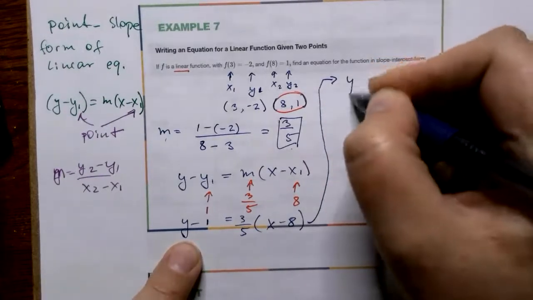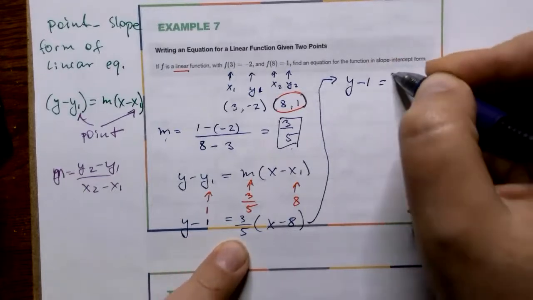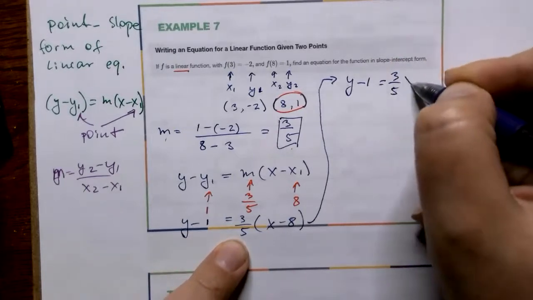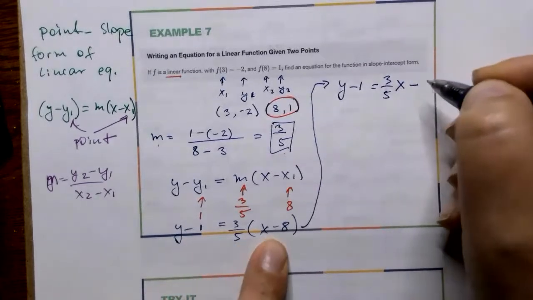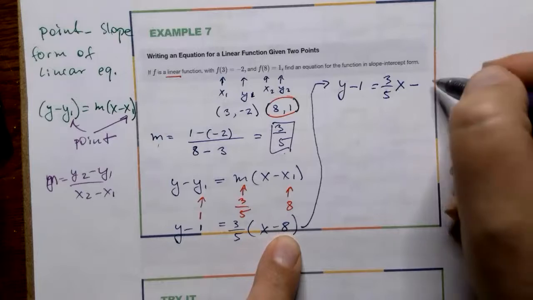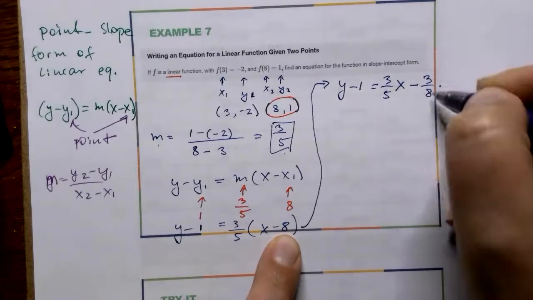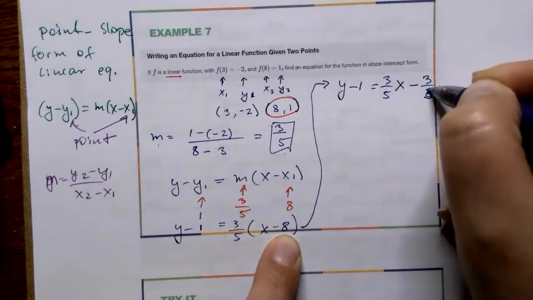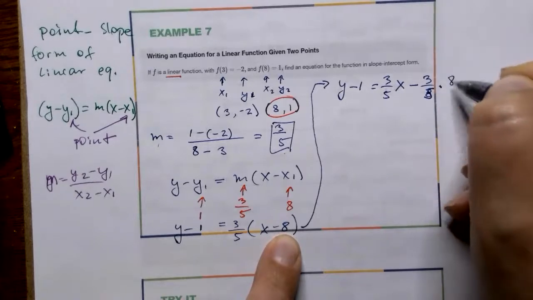So y minus 1 equals, I'm distributing 3/5. So I have 3/5 times x, and then minus, so the 3/5 times negative 8 is going to give me a negative number. So 3/5 times the 8, 8 over 1.